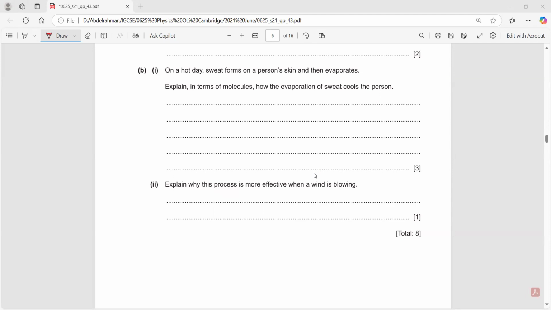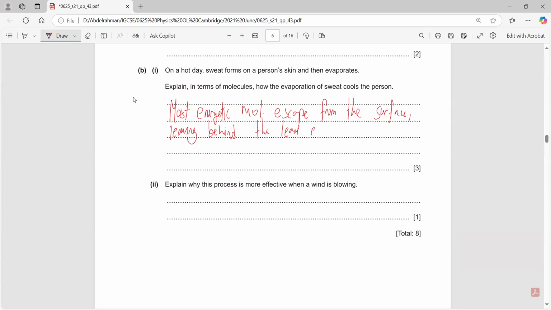The most energetic molecules escape from the surface, leaving behind the least energetic molecules, decreasing the average temperature and causing a cooling effect.